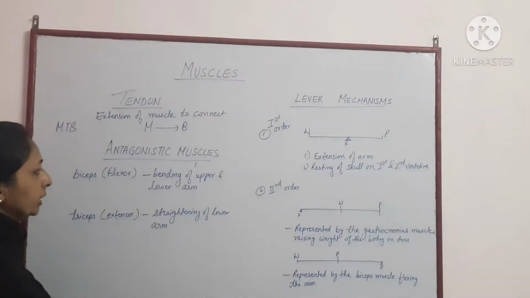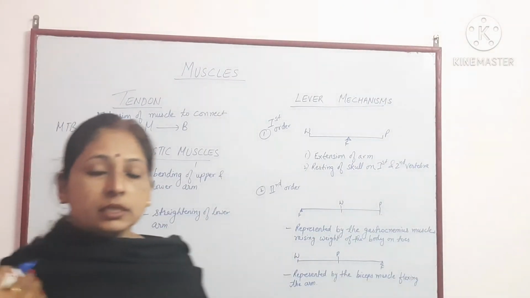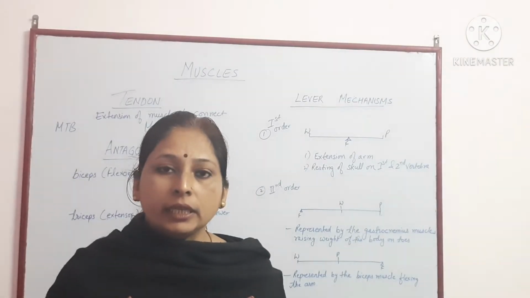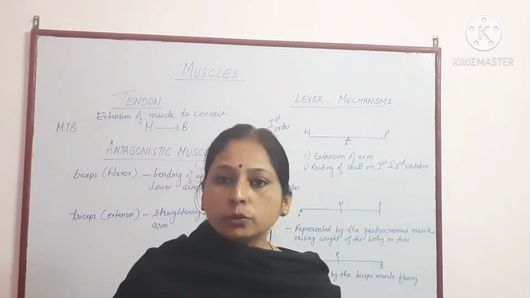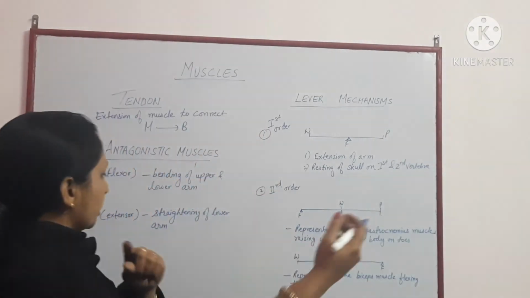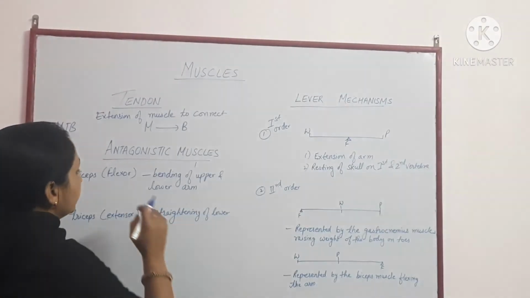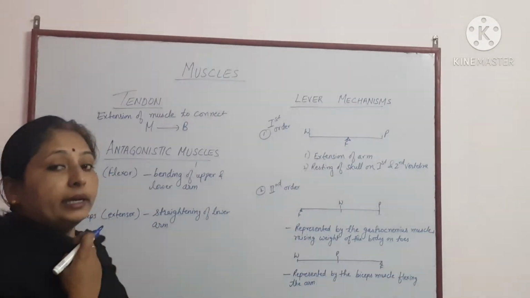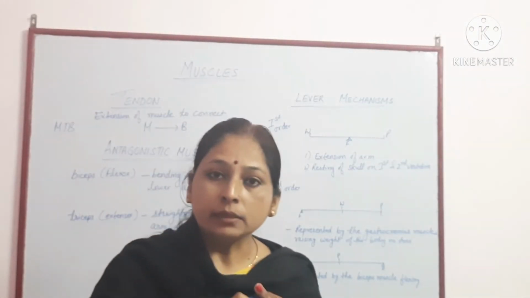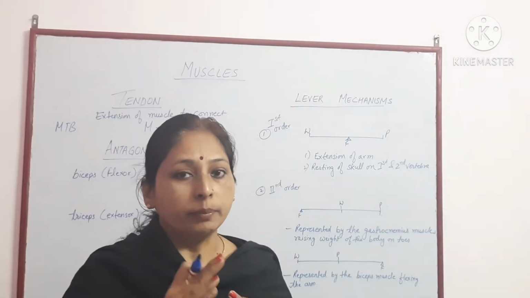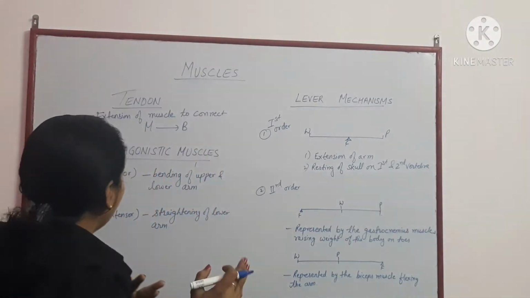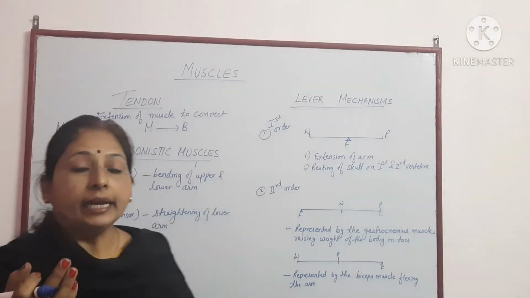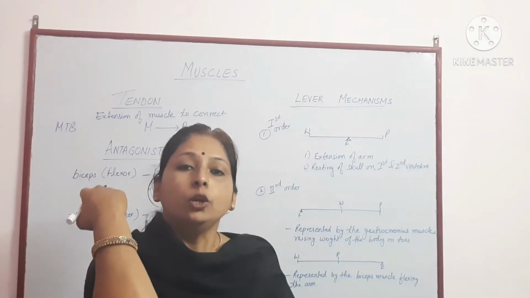Now next is antagonistic muscles. Antagonistic muscles act in opposite directions, opposing each other, like the biceps. This upper part, the biceps, the flexor muscles, help in the bending of the upper and lower arm, while the triceps, the extensor muscles, help in straightening the lower arm.